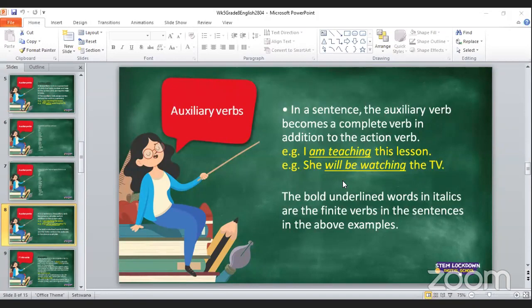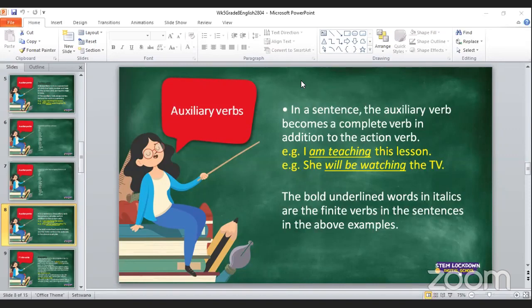Okay, somebody's asking me to slow down. So remember, we are on finite verbs, but before we go into detail about finite verbs, we need to understand an auxiliary verb first, right? An auxiliary verb helps the verb to really communicate fully.